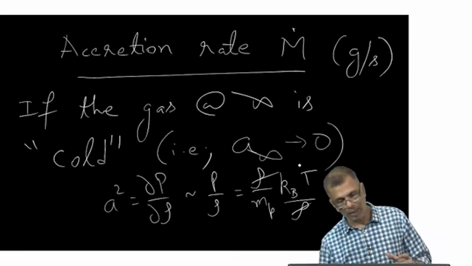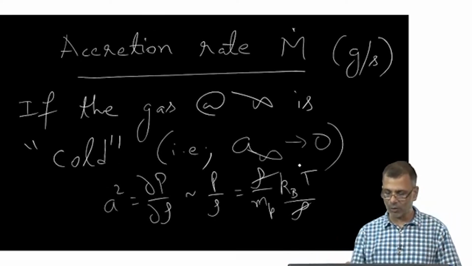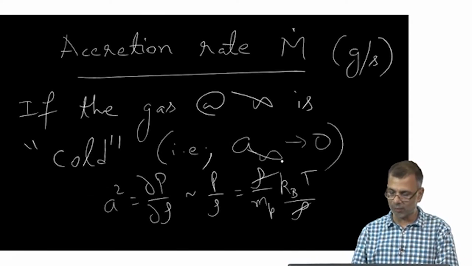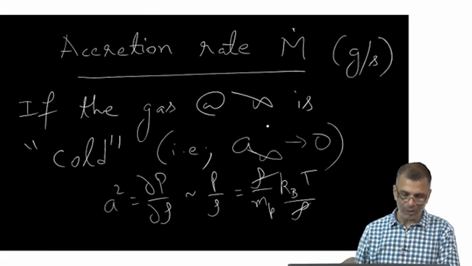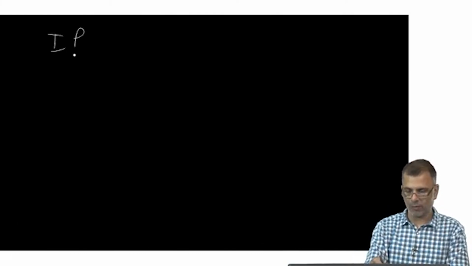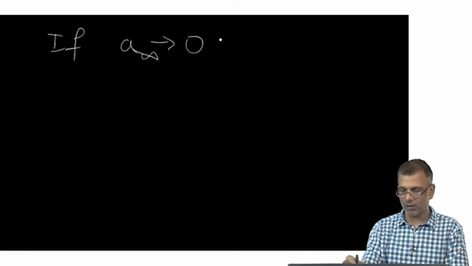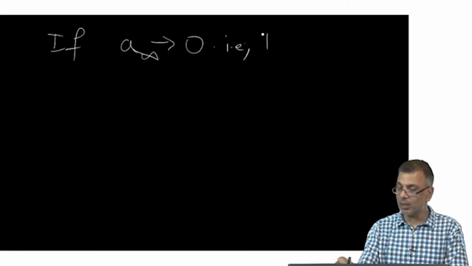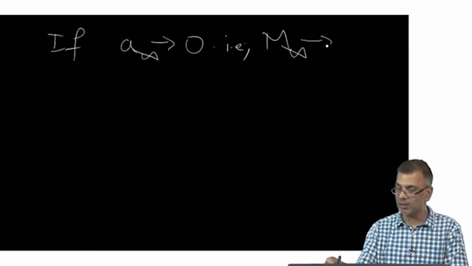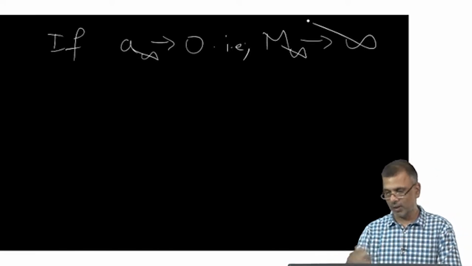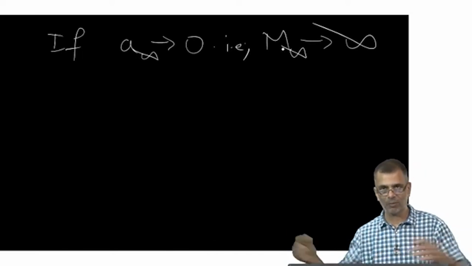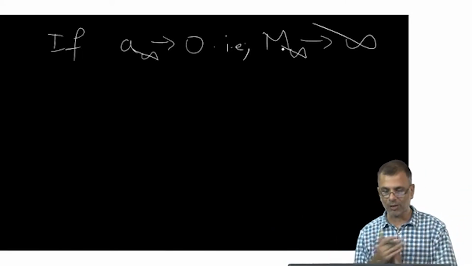So if the gas at infinity is very cold, in other words A infinity goes to 0, the Mach number at infinity tends to infinity. Here the subscript infinity simply means a very large distance from the central object.